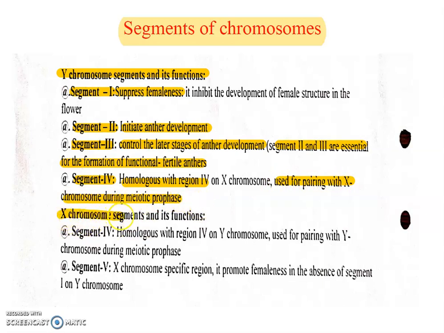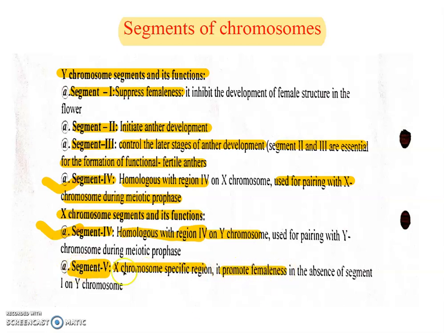X chromosome segments and their function. Segment 4 is homologous with region 4 on the Y chromosome. So segment 4 is common in the X and Y chromosomes. Segment 5 is the X chromosome specific region, and it promotes femaleness.